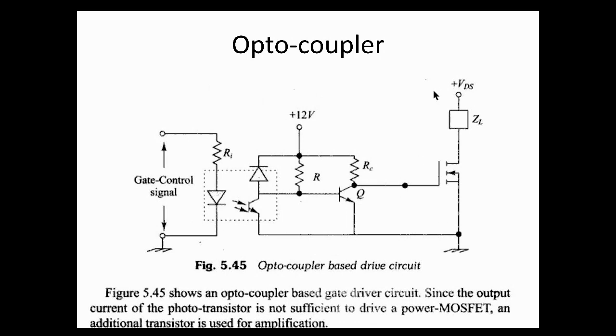I think somebody asked earlier on when we looked at the linear and the switch mode power supply. That's about the base drive. So this is a typical example of that base drive circuitry that you could have applied.